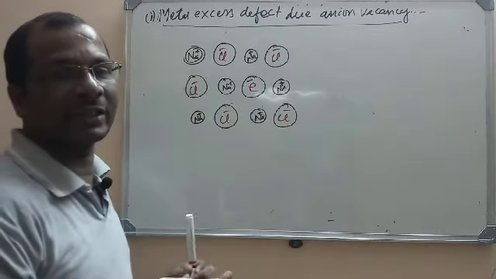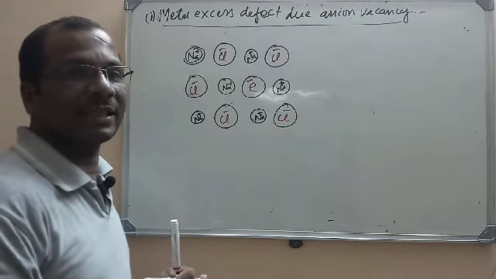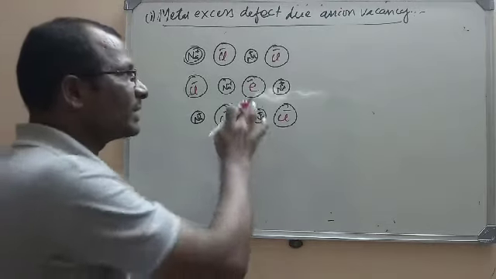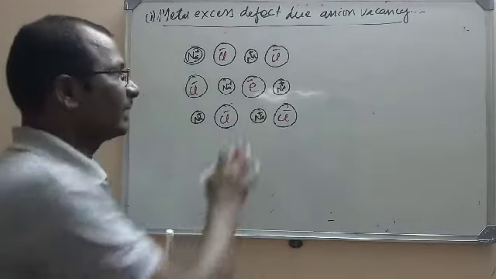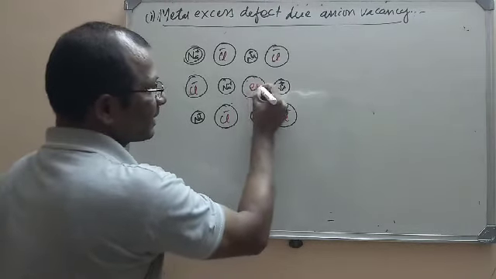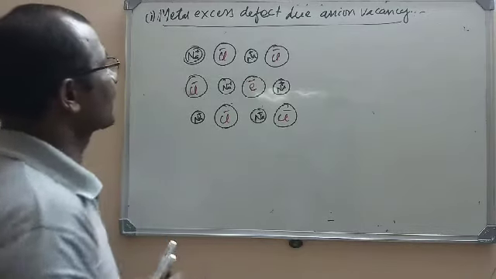It is the defect in which an anion leaves the lattice site, forming a vacancy or a hole, and that hole is occupied by an electron. Here empty space is there due to the absence of Cl minus, but that is occupied by an electron, and this defect is called metal excess.